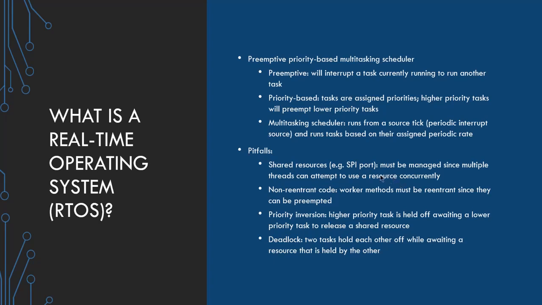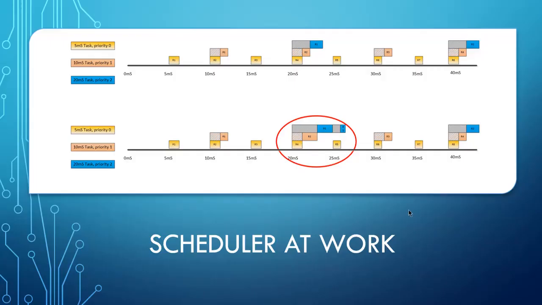Now, modern RTOS products have ways of working around some of those pitfalls, but they're still prevalent, and you still have to be cognizant of the possibilities and be careful about how you use them. All right, so this little timeline kind of gives you an idea of how this works.